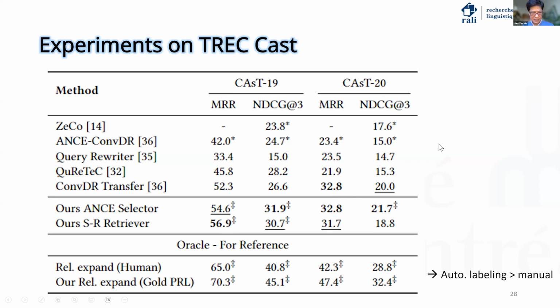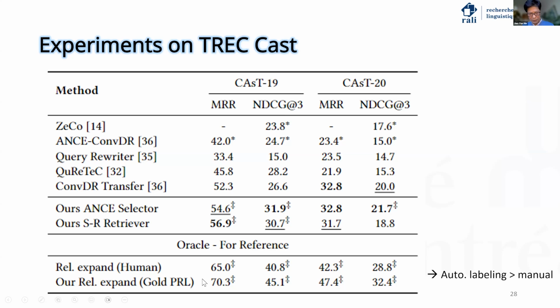That's the case of CAsT 20. And again, looking at the Oracle performance, we created it: one of the students manually annotated what the related previous turns are in the CAsT 19 and CAsT 20 datasets. So using this manual annotation, we can get these performance measures.